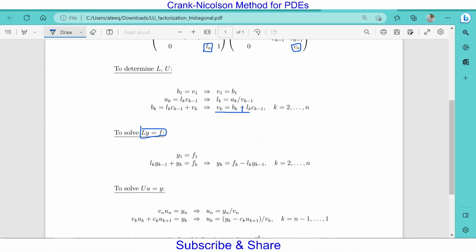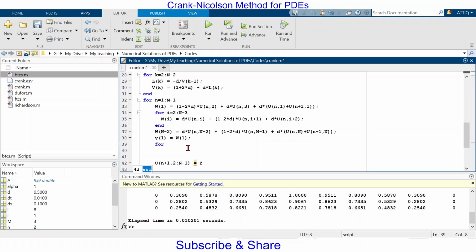Let's see what we have here. Y kth value will be like this, where k varies from 2 to n, and again I will be using a loop for it. K varies from 2, the last value is n minus 2, and the y kth value will come like this: the right hand side kth value minus L kth value times y k minus 1 value.